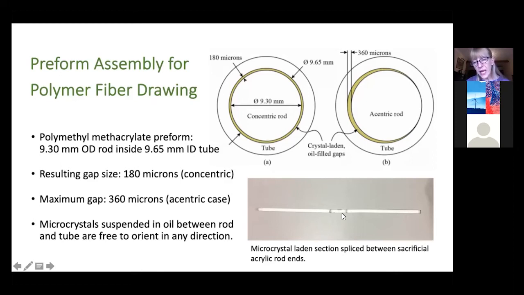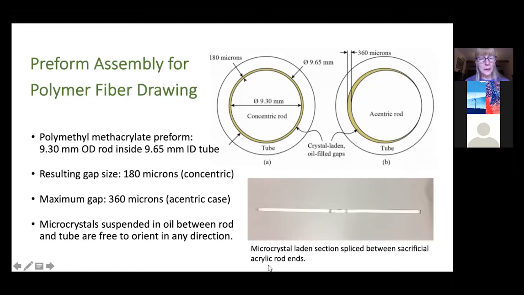We could have made this intersection with the oil and the microcrystals incorporated longer, but this is just a short test section. And in any case, there will always be sacrificial ends because of the batch nature of the fiber drawing process.